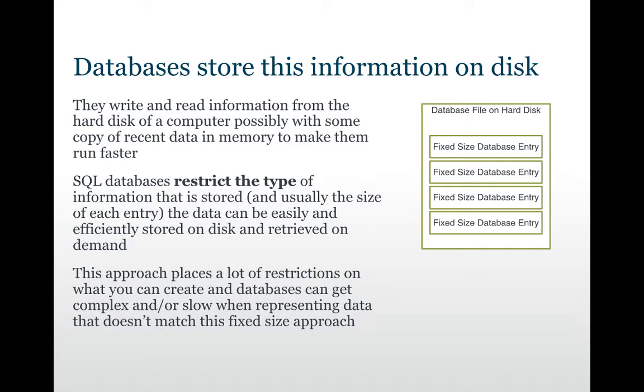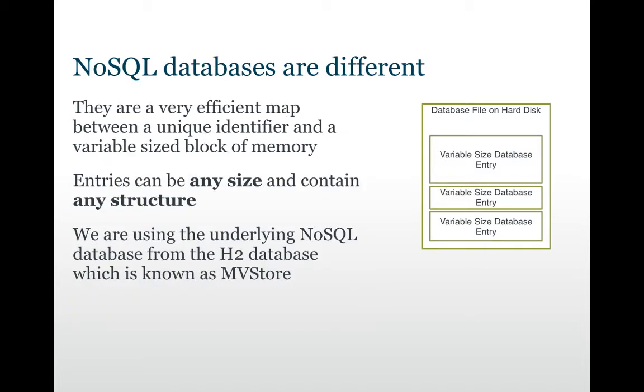Okay. So at the heart of NoSQL databases, there is more flexibility. NoSQL database at its heart is a really efficient way of going from a key to some variable sized block on disk.